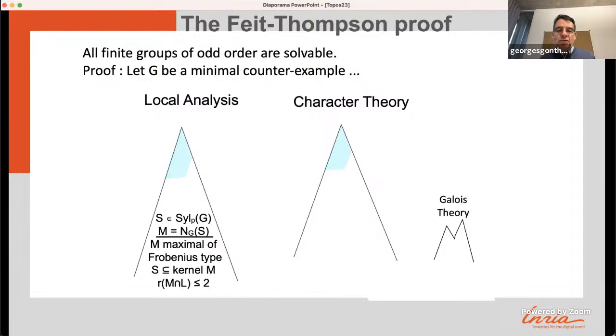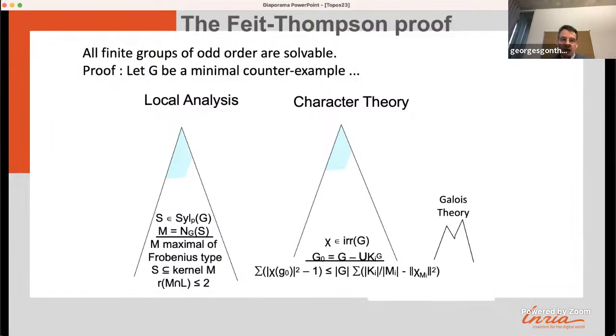But because they have a known structure, their characters also have a known structure, and the characters have this property that they have this Euclidean structure, so they have a geometrical structure, and there are isometries that link the characters of the subgroups to the character of the original counterexample.